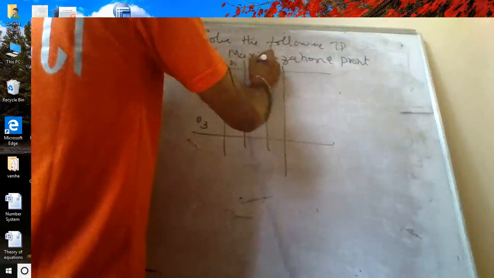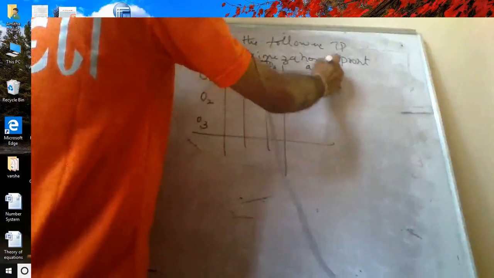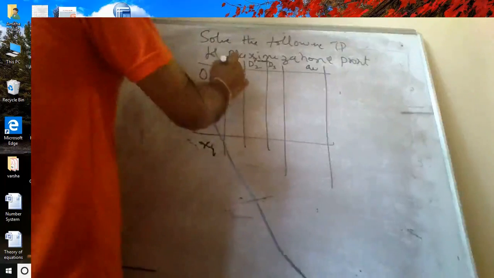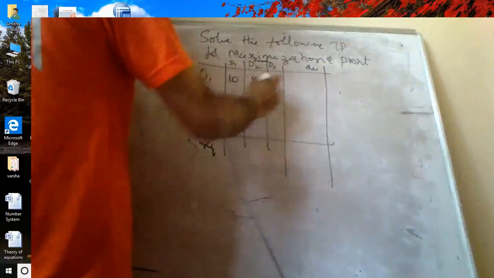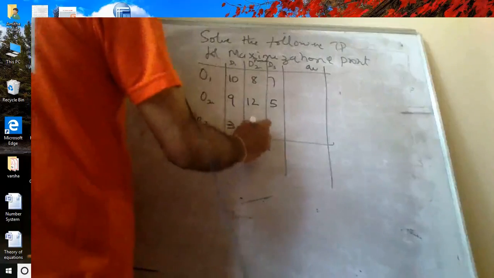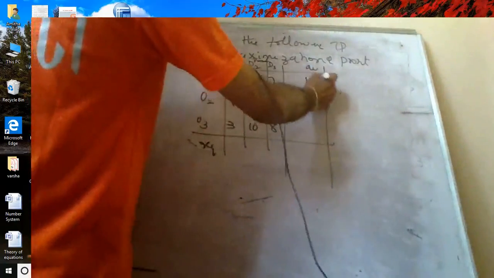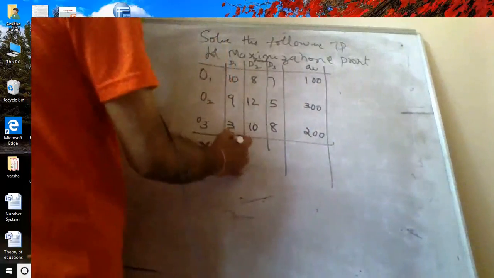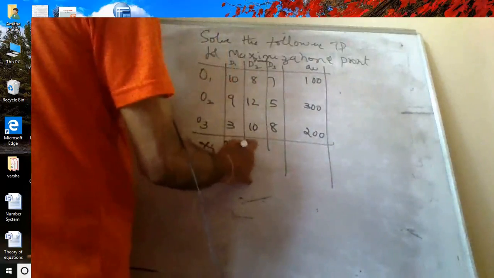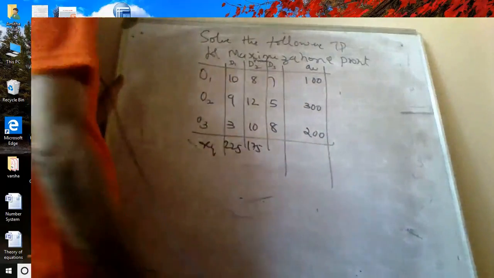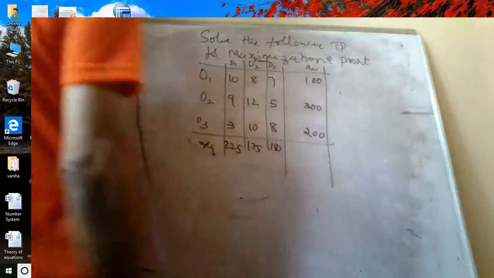These are the profits: 10, 8, 7, 9, 12, 5, 3, 10, 8. Availability is 100, 300, 200. Requirement is 225, 175, 150.